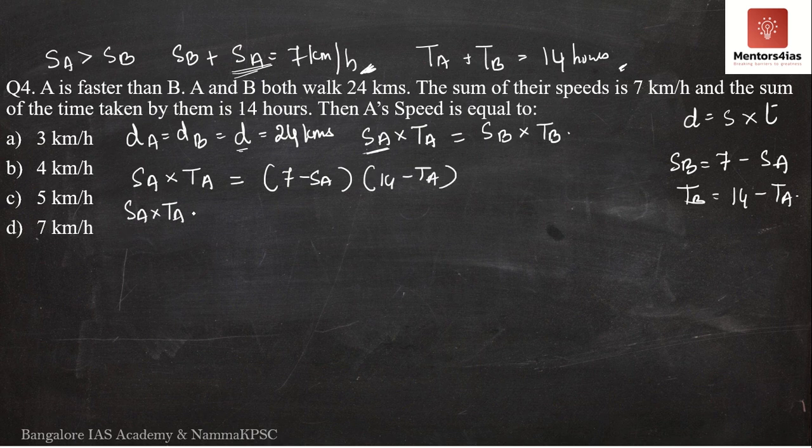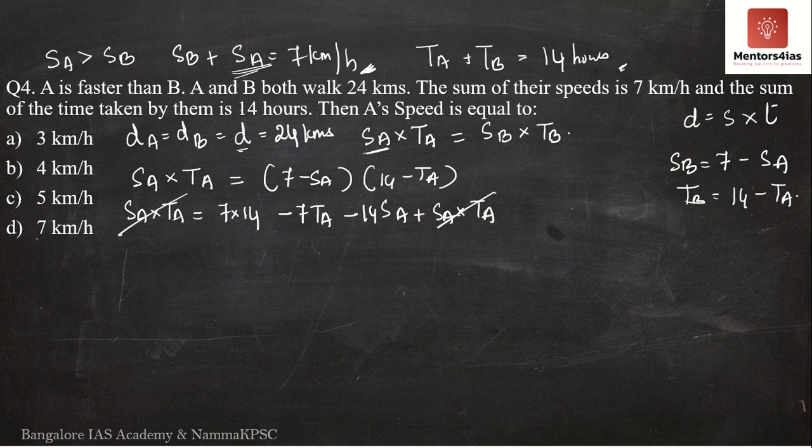We have SA and TA on the left hand side. 7 into 14, I will not multiply it, let me just keep it for now. 7 into 14 minus 7 into TA minus 14 into SA, minus into minus becomes plus, plus SA into TA. Now see here, don't we have SA and TA on the right hand side as well as SA and TA on the left hand side? We can simply cancel this.